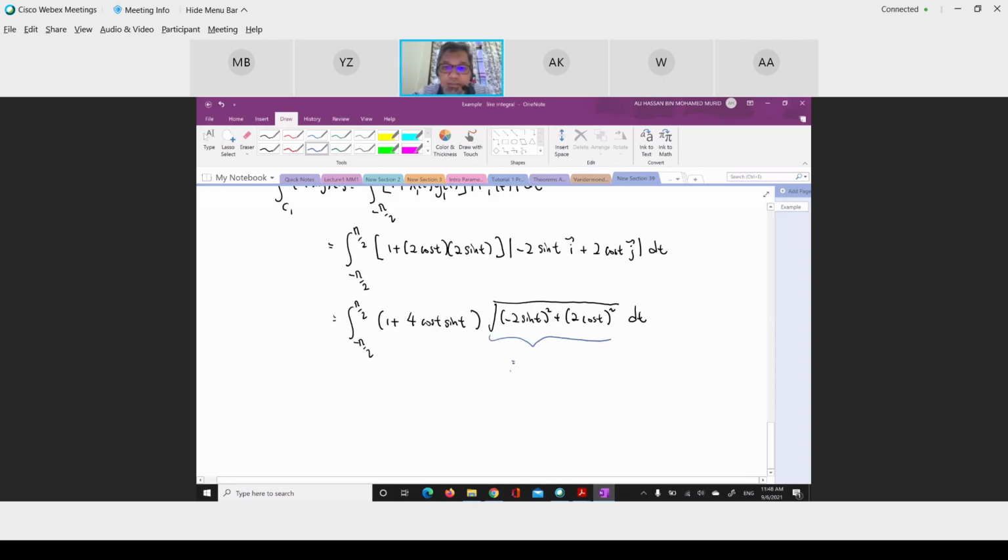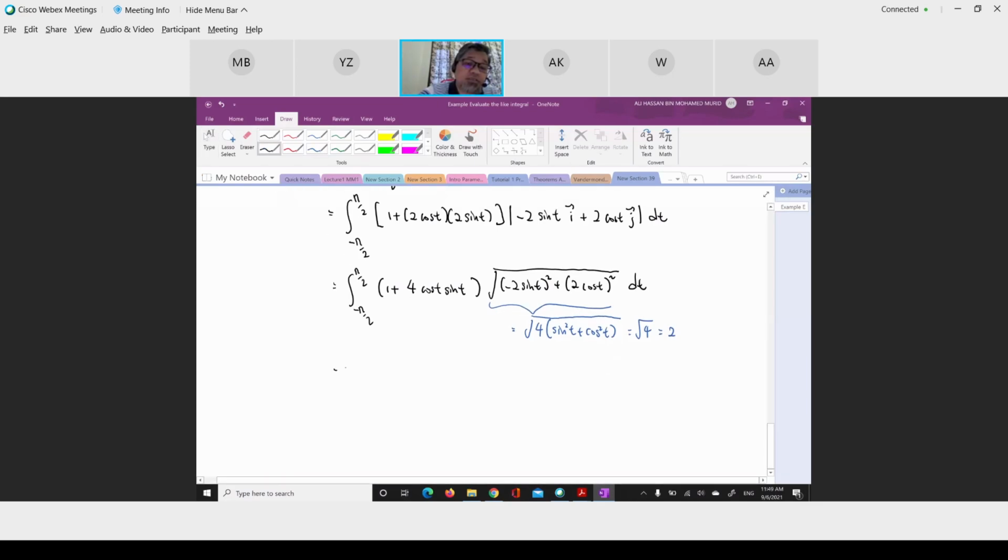The square root of 4 sine squared plus 4 cosine squared, right? So I can factor out 4, and sine squared plus cosine squared is always equal to 1. So we have square root of 4, equal to 2. So I can pull the factor 2 outside the integral. Okay, so how to evaluate this 4 cosine t sine t dt?